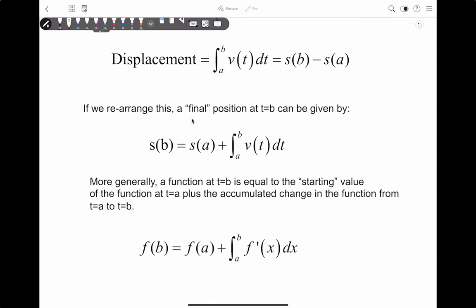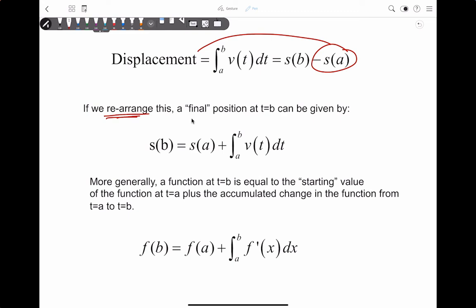So displacement, if we rearrange this, we can basically move the S of A, otherwise known as the initial position, over to this side to join in front of this velocity function, okay? So when I just move it over, I get this value right here.